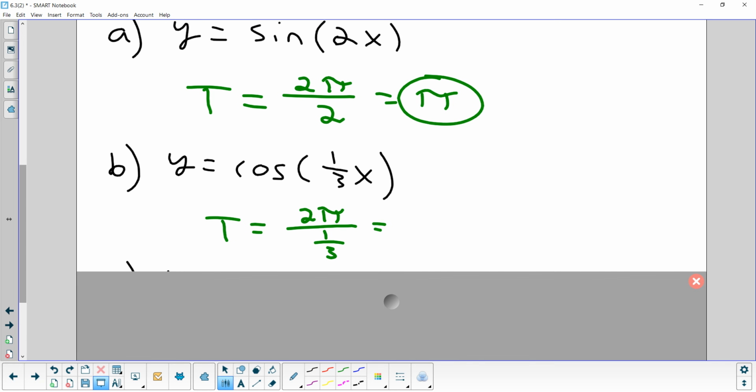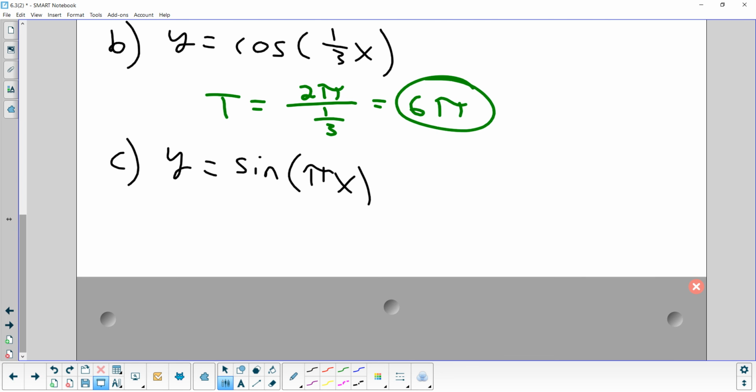What's 2 pi divided by 1/3? Yep. 6 pi. If you flip and multiply, that's how we divide the fractions. The original period was 2 pi. This period is 6 pi. It definitely got bigger. It got 3 times as big.